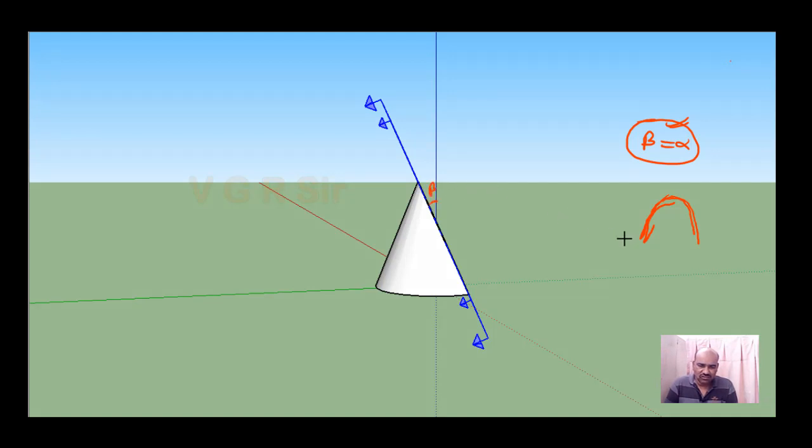Again I want to change the angle between axis and plane. Now angle beta is taken as lesser than the vertical angle alpha.